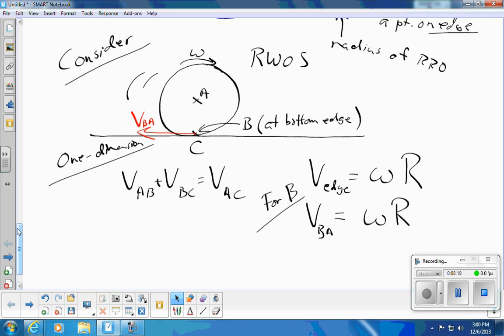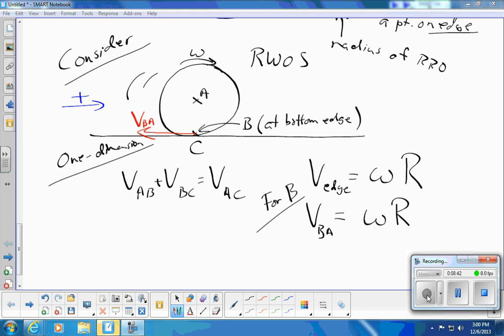The next thing I'm going to do is define a positive direction. And keep in mind that for a one-dimensional analysis of relative velocity, we can designate directions. We're not using vector notation here. We can designate directions with a positive direction, which I'm going to make to the right, and a negative direction, which I'm going to make to the left.